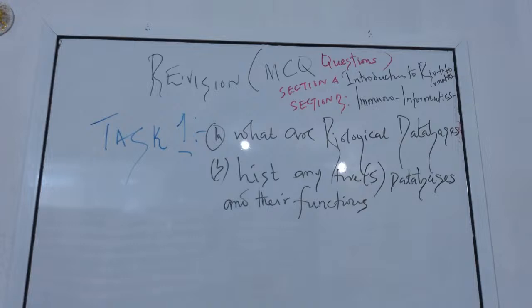Then some tools, like if you are to identify those that cannot be used in immunoinformatics, the only one you can use here is blasting. You need to do blasting when you want to do sequence alignment. When you are given a set of antigen sequences, the first thing you need to do is homology testing.